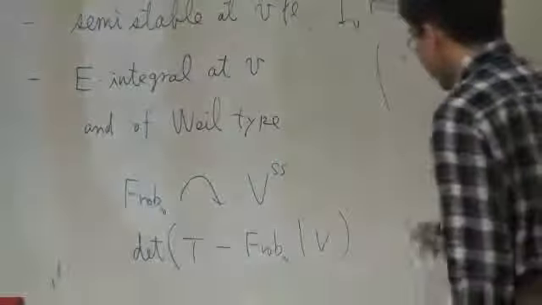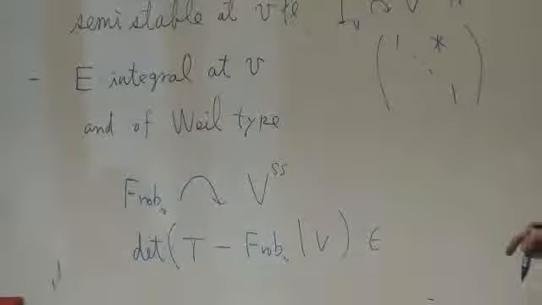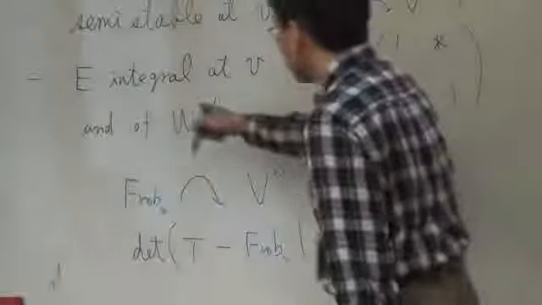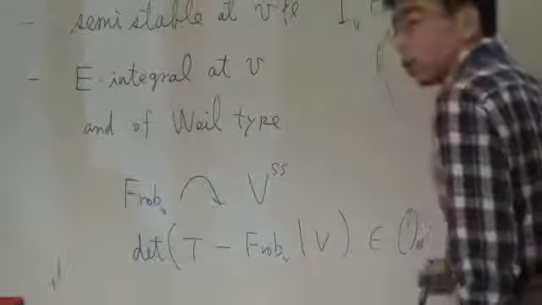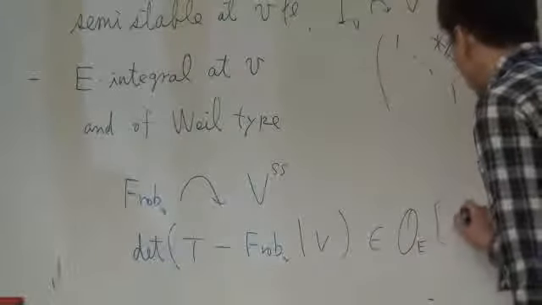This a priori has coefficients in E_lambda, but E-integrality means that the coefficients are in the global integer ring of E.